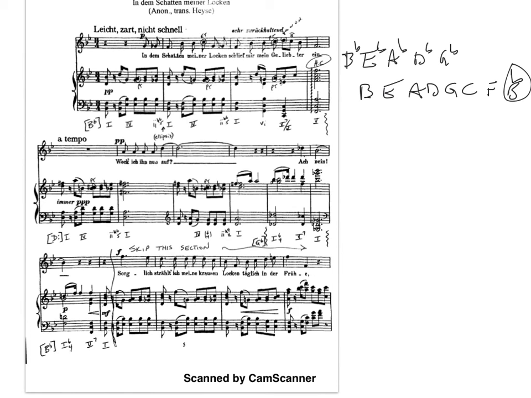Now, what Hugo Wolf does is, instead of moving down in perfect fifths, he moves up in major thirds, and in doing that, his circle consists of only three different chords or keys before he gets back home.